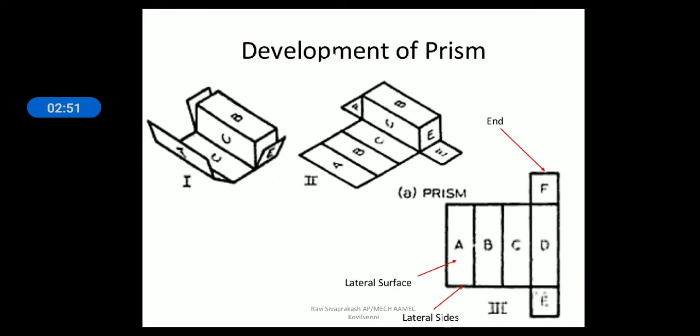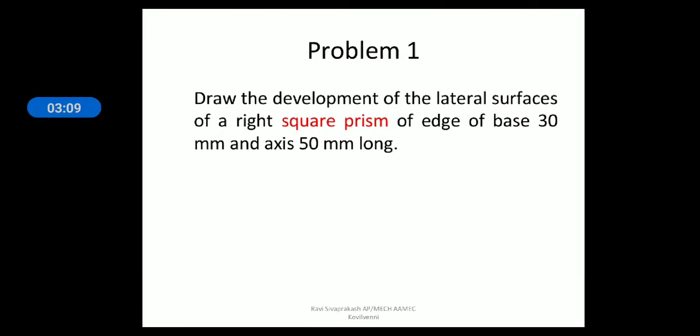Okay. Now, development of a prism. As I already discussed in the beginning, if you unwrap the square prism, it will be shown as in the figure. This is called the lateral surface. And let us look at problem 1.